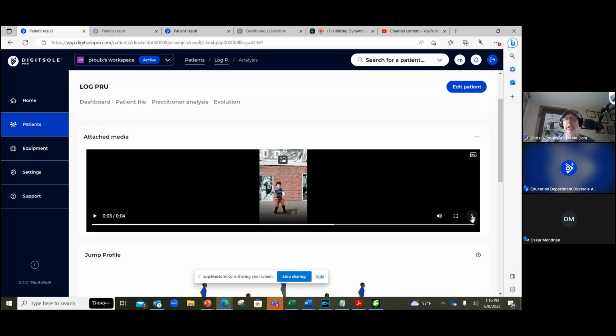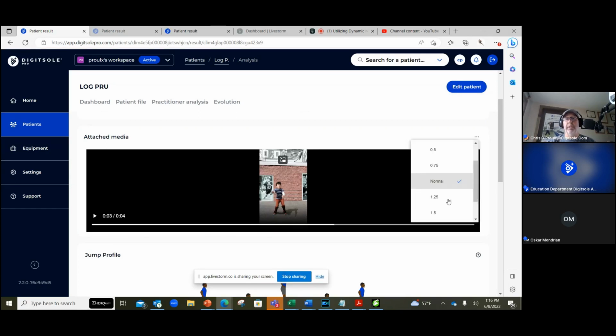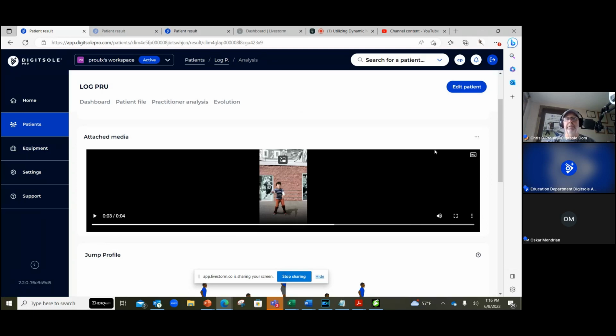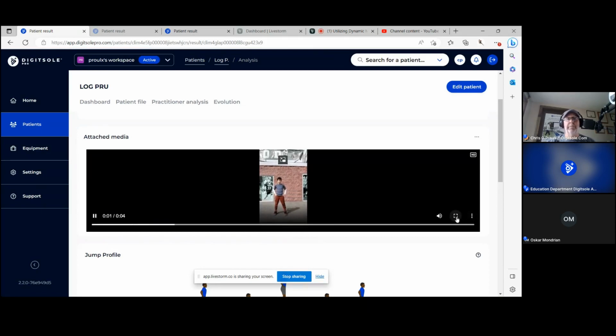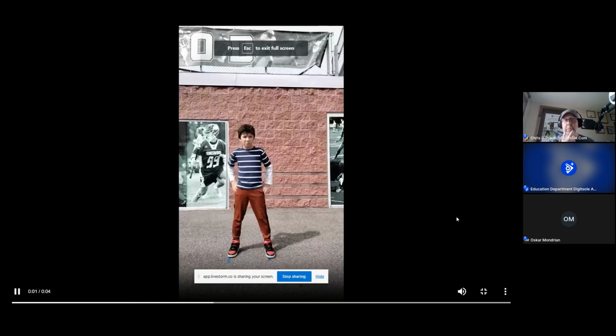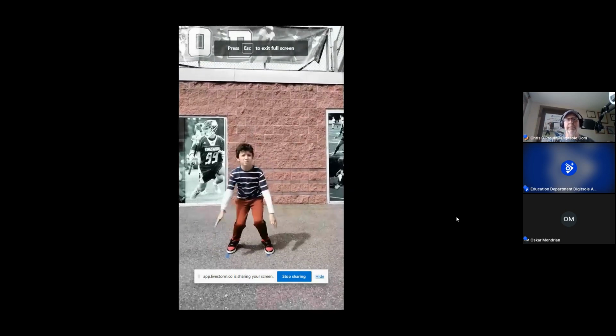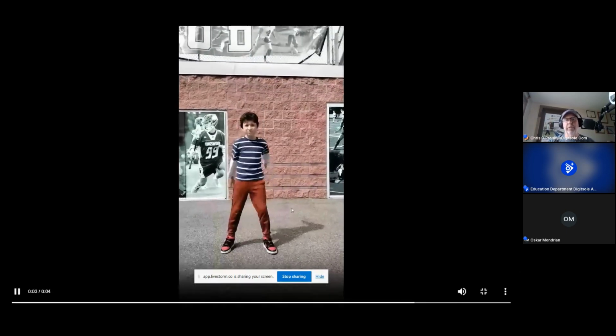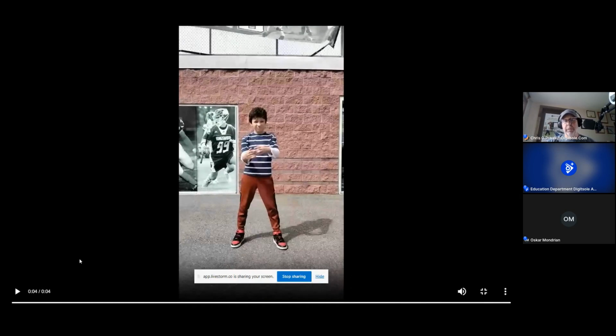Now, if you click on these three dots, you can see it says to download. You can change the playback speed. I had it set at normal, so let's set it at half speed and see what that looks like. Sometimes that can be a little bit better if you're showing someone or you're trying to evaluate. Okay, it slows it down to half speed, which is about 15 frames per second.